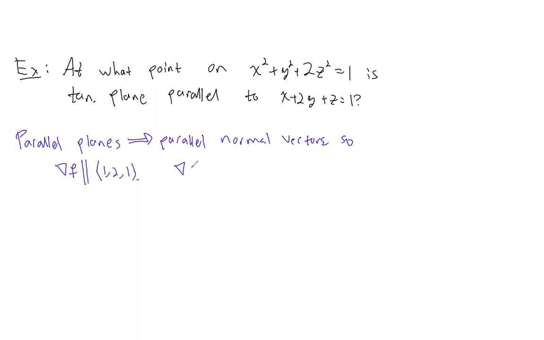Now the gradient of f, in this case, as usual, f(x,y,z) is x squared plus y squared plus 2z squared. So its gradient is 2x, 2y, 4z.